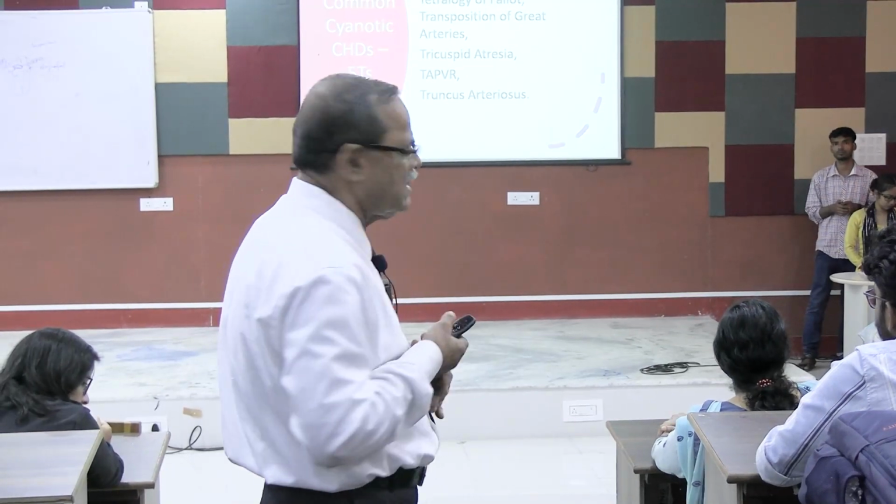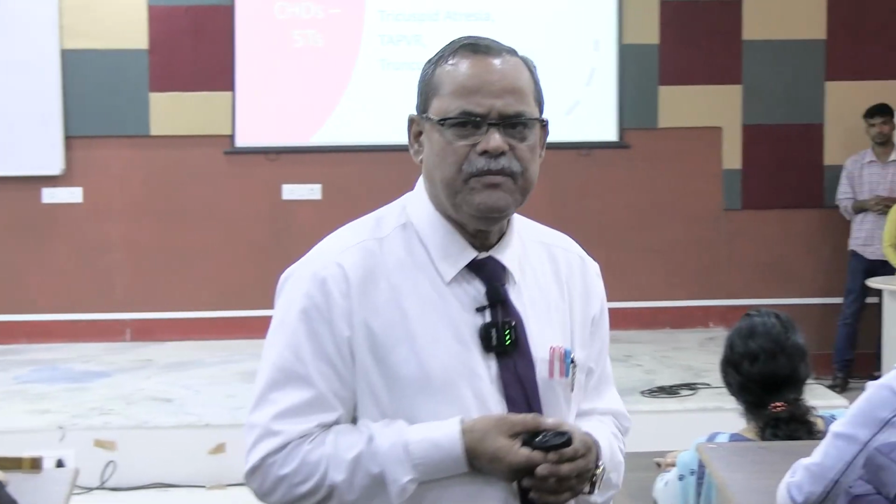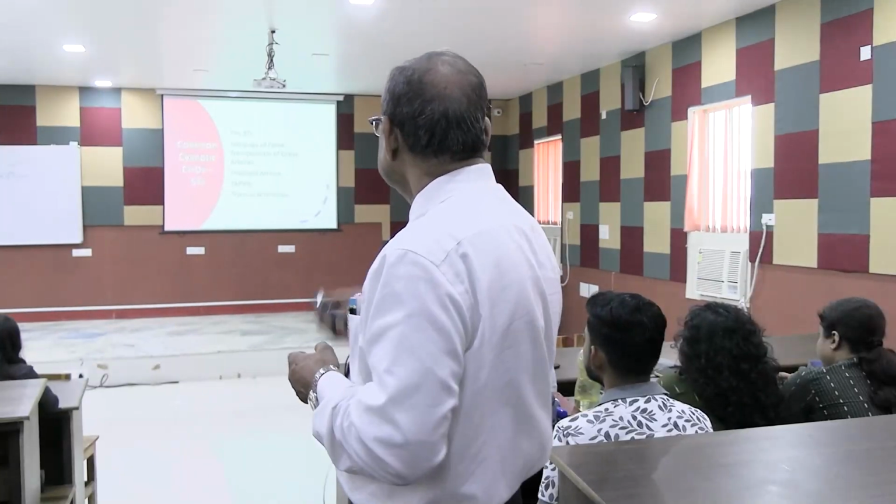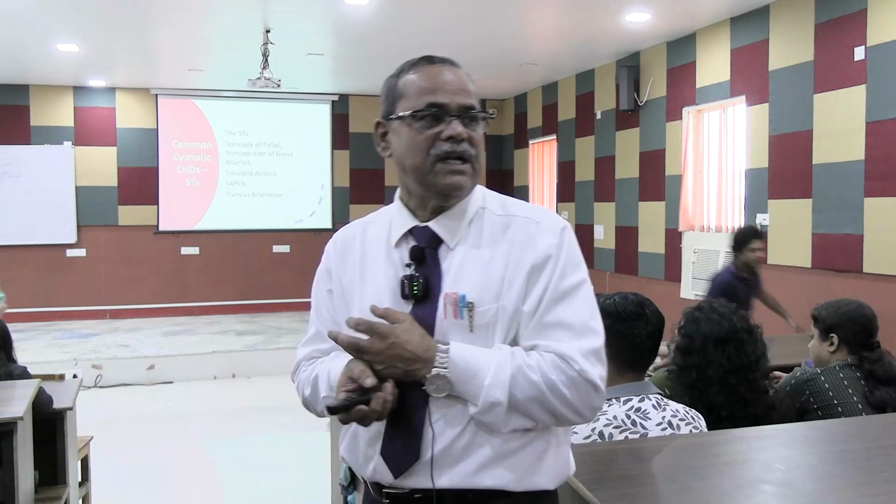These are examples of the other cyanotic heart diseases, called the 5T diseases. These are mentioned everywhere as cyanotic heart diseases. Of these, the first one is Tetralogy of Fallot. The second one is transposition of the great arteries. There are two great arteries, the aorta and the pulmonary artery.